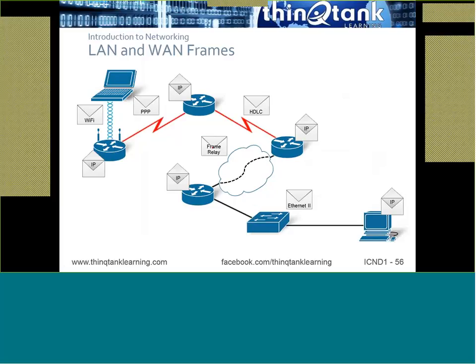So anytime data goes through a router, the frame information is always stripped off and then reconstructed. On the ingress, if you look at the diagram here, we've got a host that's communicating to the router over a wireless radio wave, right? So that information is going to be encapsulated into a Wi-Fi frame.